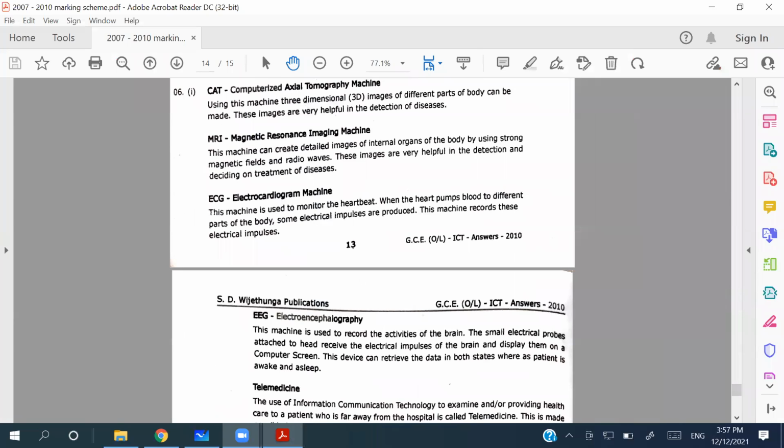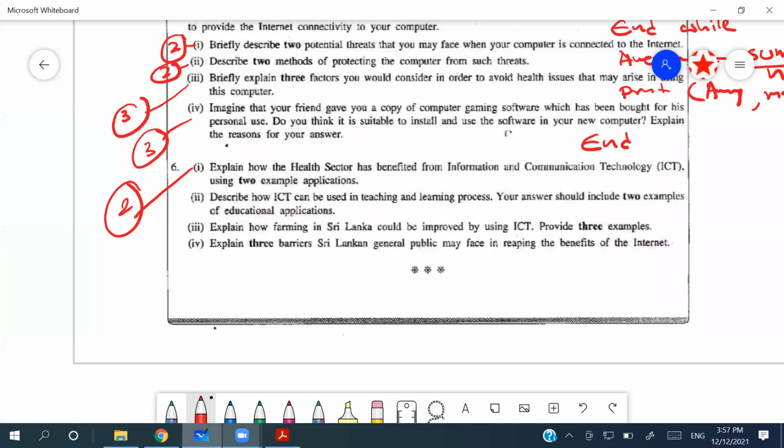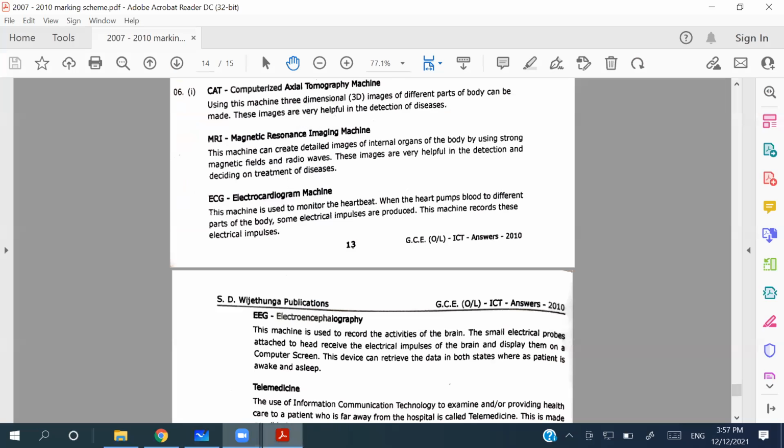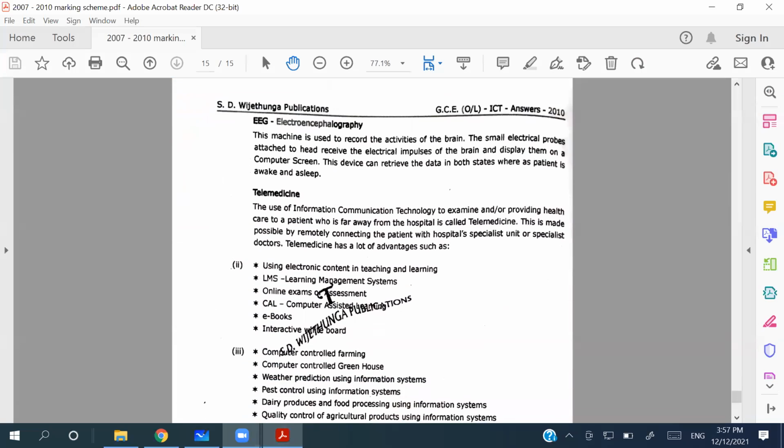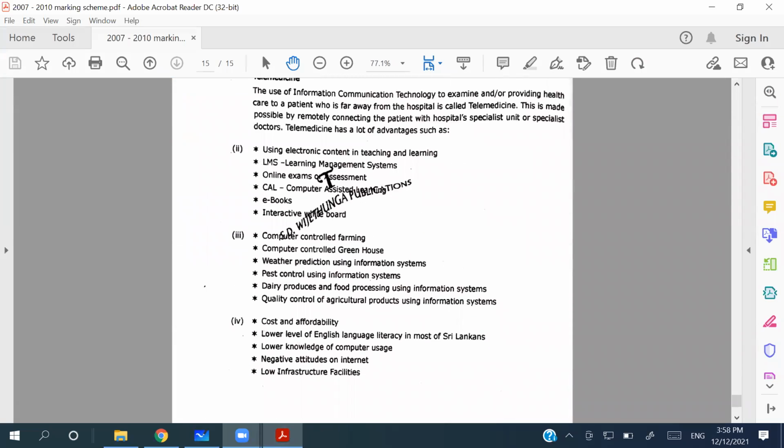The next question is to describe how ICT can be used to teach in a learning process. Your answer should include 2 examples in educational applications. There you have computer learning, computer designing for some aspects, and LMS, the online services, online exams and assessments.